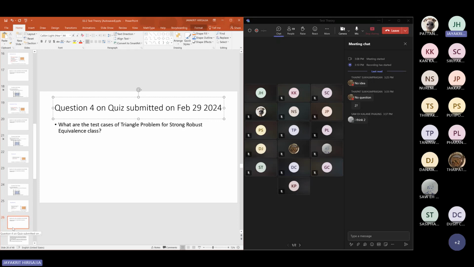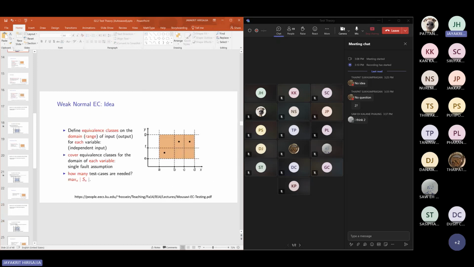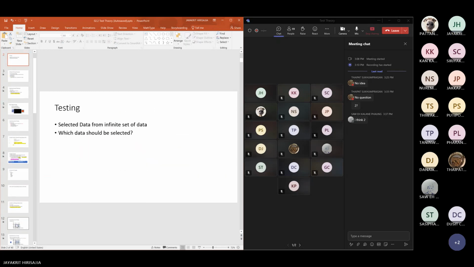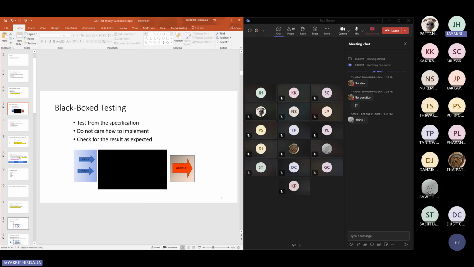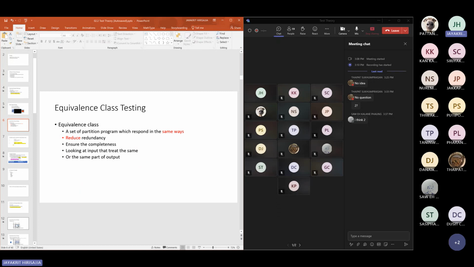So the idea is to start from what should be the proper input in black box testing or any kind of testing. We try to create equivalent classes, or data that represents the range of possible input, a proper range of input from which we can get one expected output.